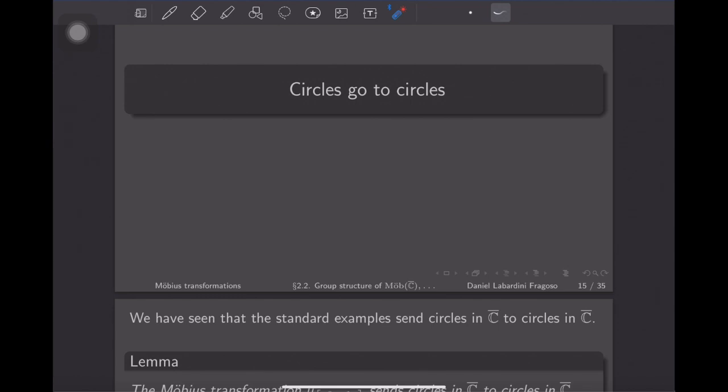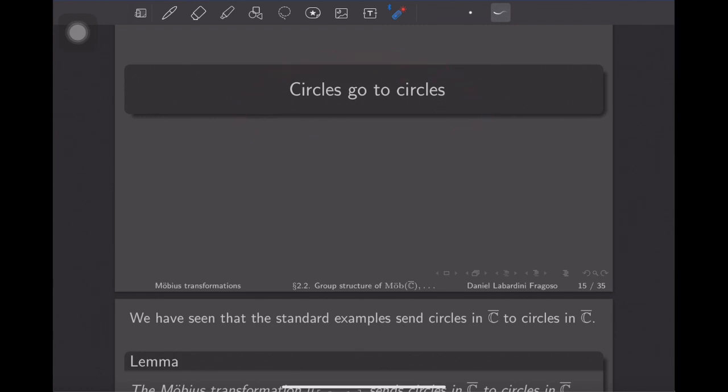If you think about it, all such curves are simply circles in C bar. Well, I mean segments of circles in C bar. So these circles go to circles.